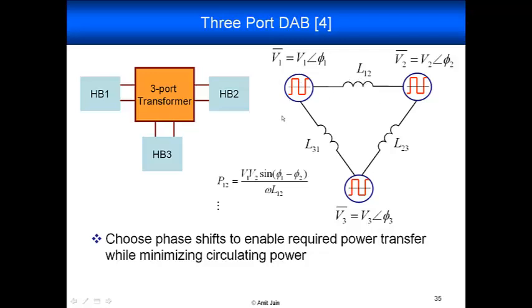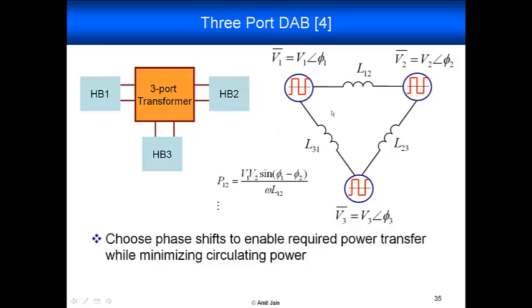If we have a 3-port transformer, then we can think of 3 voltage sources, each realized by an individual H bridge, and then these are connected to each other by the leakage inductance of the 3-port transformer.